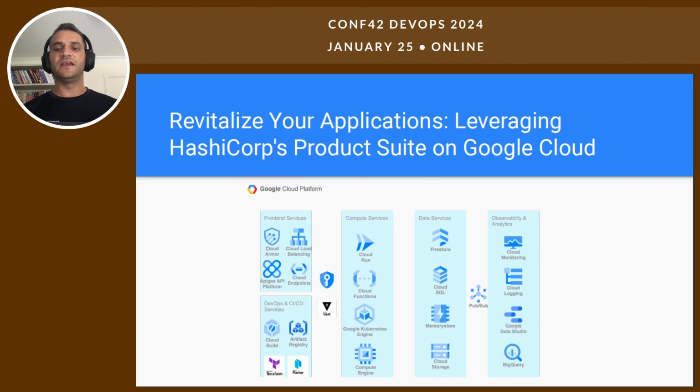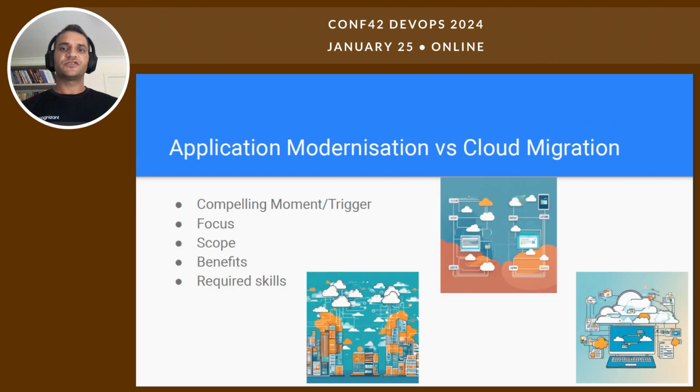So as we can see, the whole spectrum from left to right, there are a number of services that we can use to optimize the infrastructure, application, and data to provide the complete digital modernization to any business. Now, to distinguish between application modernization and cloud migration, I'll put together some of the key focus areas here.